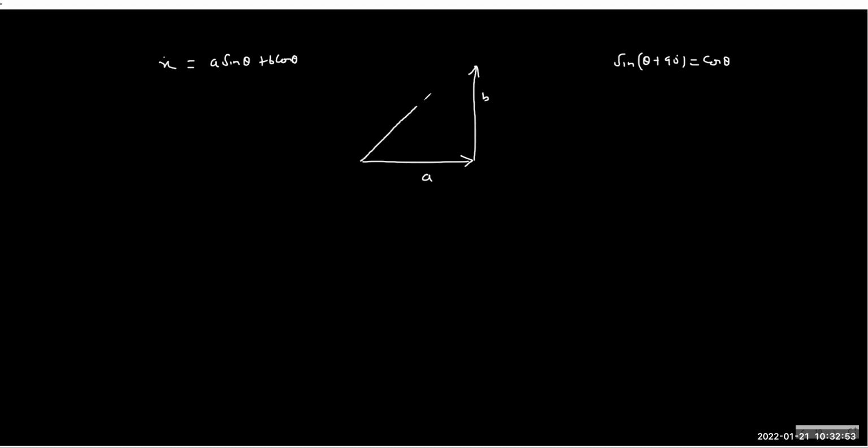So the resultant will be like this, and this is phi. You can write x equals under root of a square plus b square, sine of theta plus phi, because sine theta is the reference I'm taking. That's why phi ahead means you have to take phi extra.